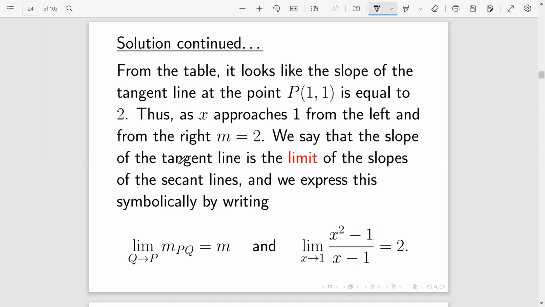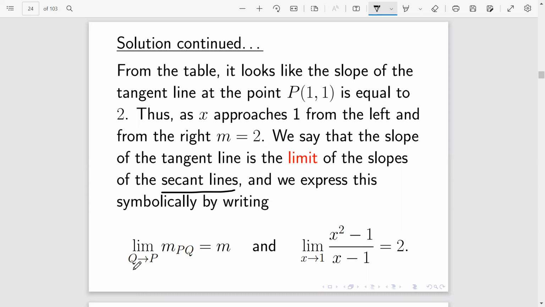So we get to say that the slope of the tangent line, remember we spoke about the secant lines, is 2. It means that the limit of the slopes of these secant lines is approaching 2, which is the slope of the tangent line.